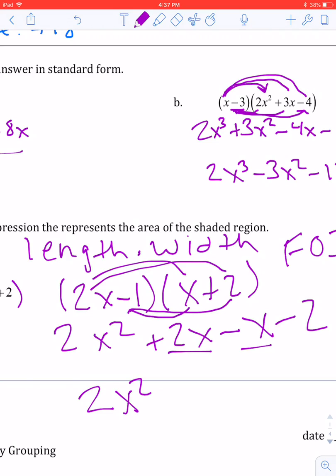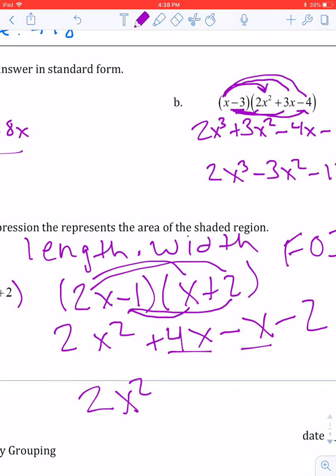Excuse me. Let me make sure I did that right. Carry the 2x. This should be a 4x. Sorry about that. That was our outside terms of 2x times 2, which is 4x. Hope I didn't throw too many people off there.